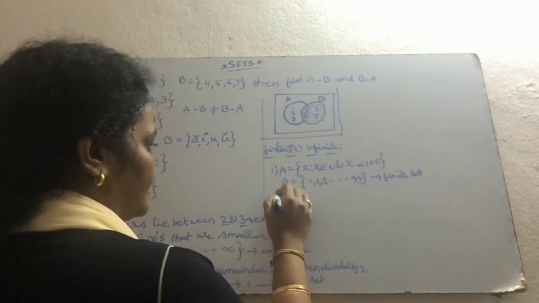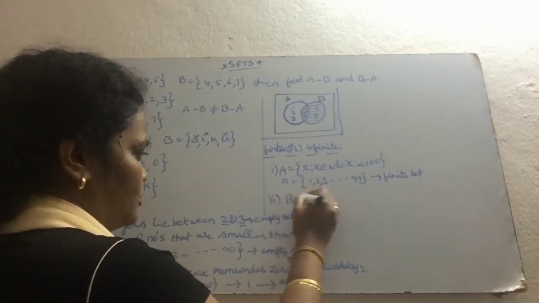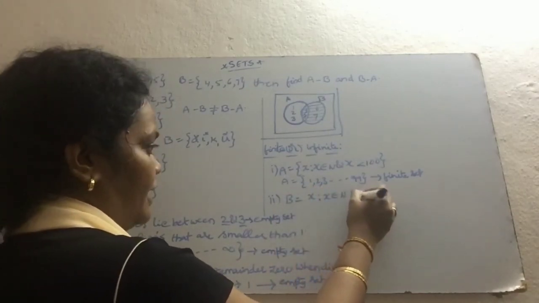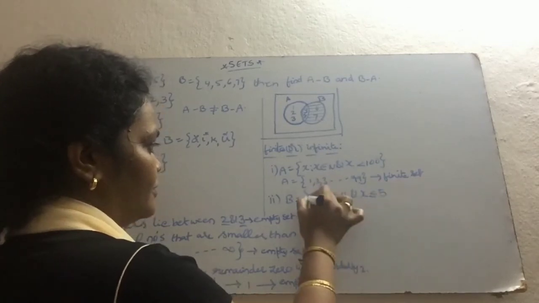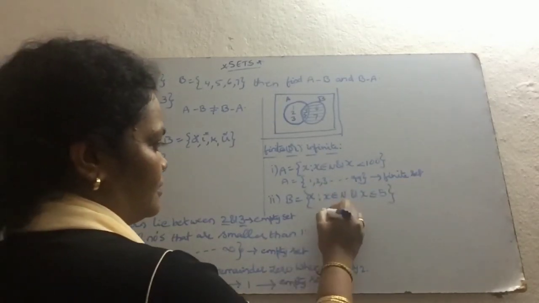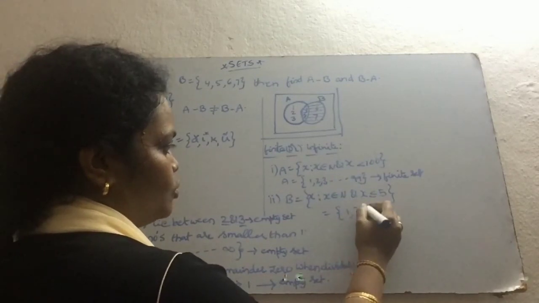And the next one, B equal to {x such that x belongs to N and x less than or equal to 5}. X less than or equal to 5 means 1, 2, 3, 4, 5. So this is also a finite set.